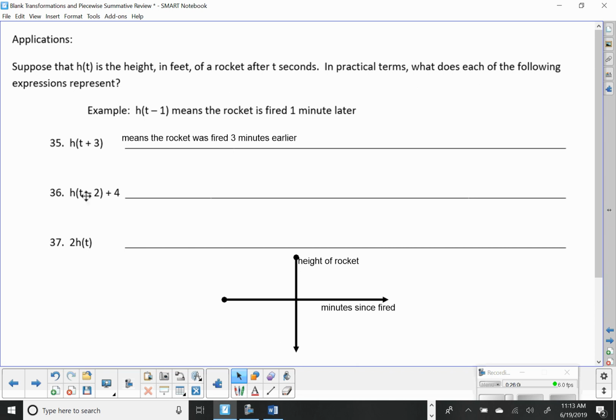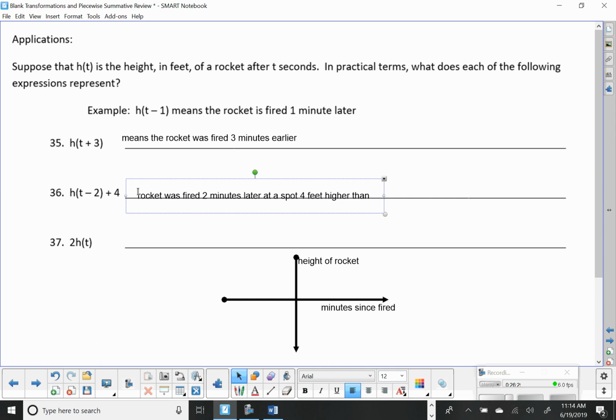Down here is minutes since fired. So up here, I'm going to say that the rocket was fired 2 minutes later at a spot 4 feet higher than original location. Okay?